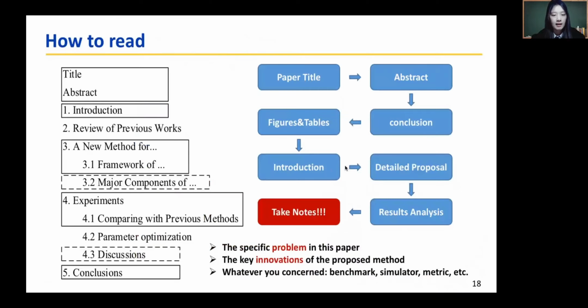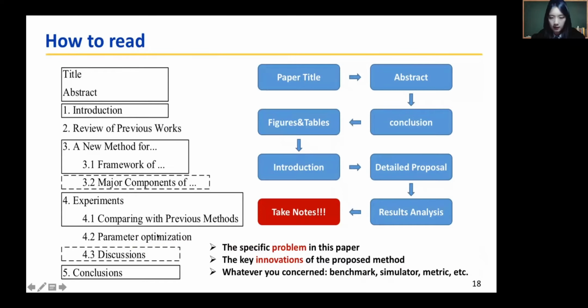Next, I will share my reading order. The left part of the slide lists the commonly used structure of technical papers, including the title, the abstract, the introduction, the introduction of the new method, the simulation results, and so on.